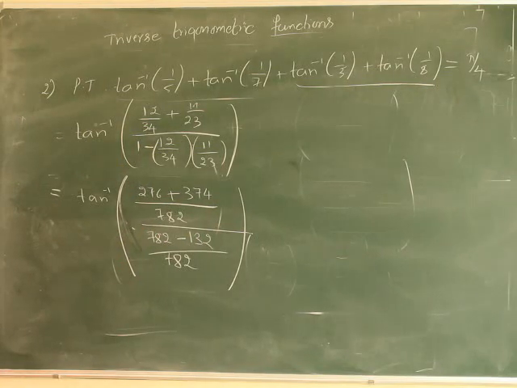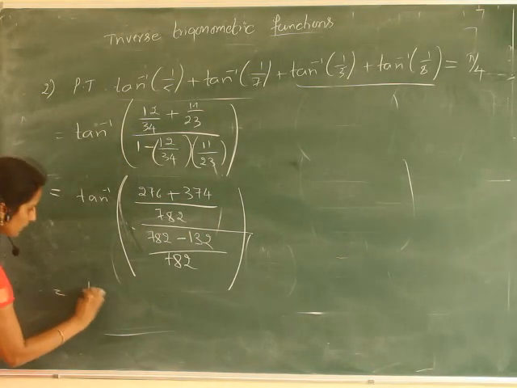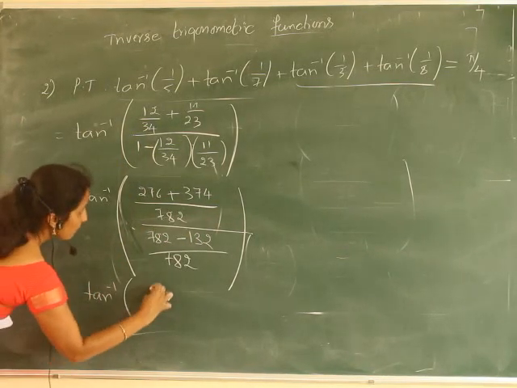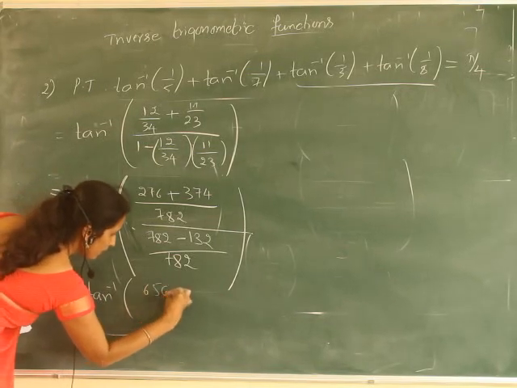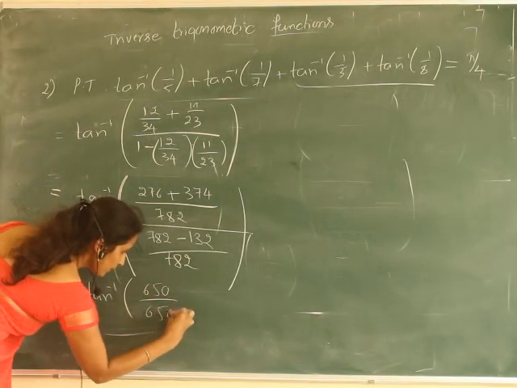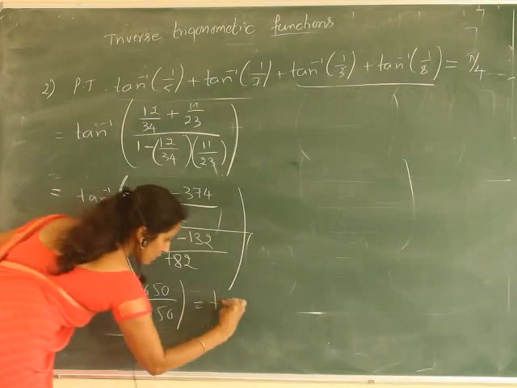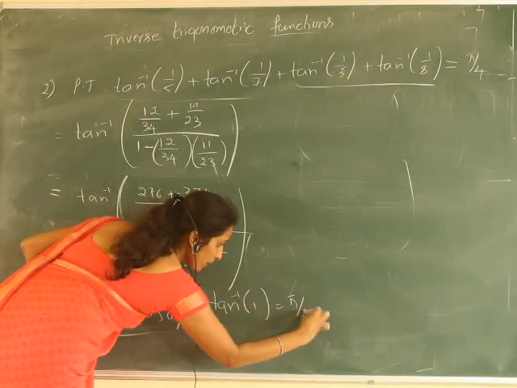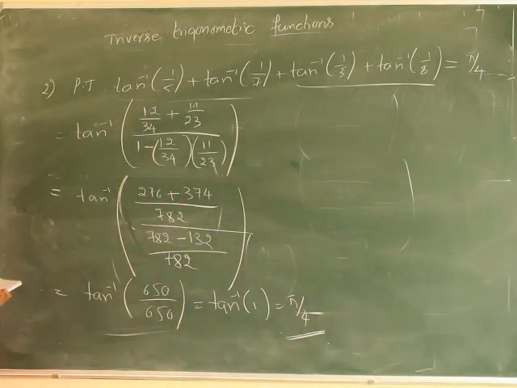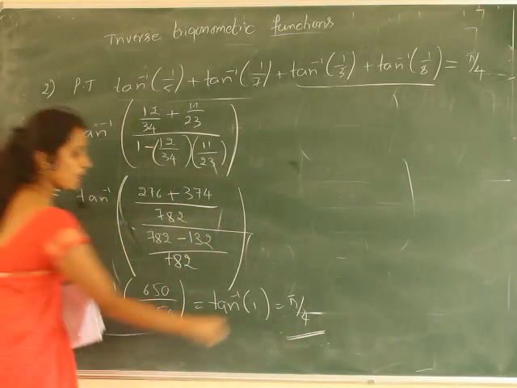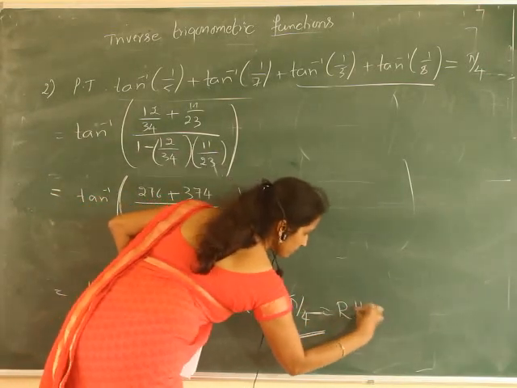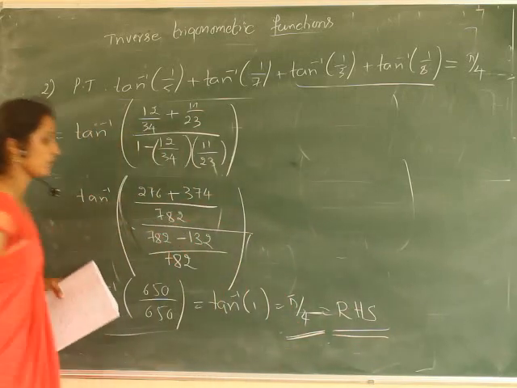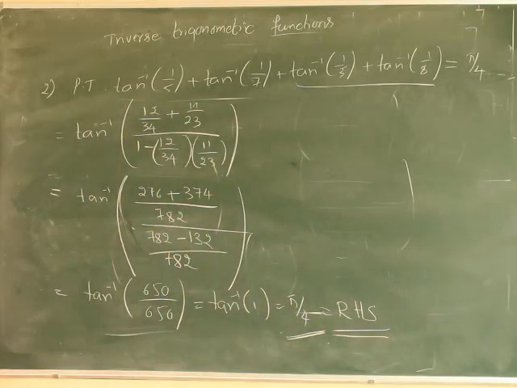Simplify that yourself. So we get tan inverse of 650 divided by 650. This is tan inverse of 1, that is pi by 4. So we got the RHS. We got the answer, it is pi by 4.